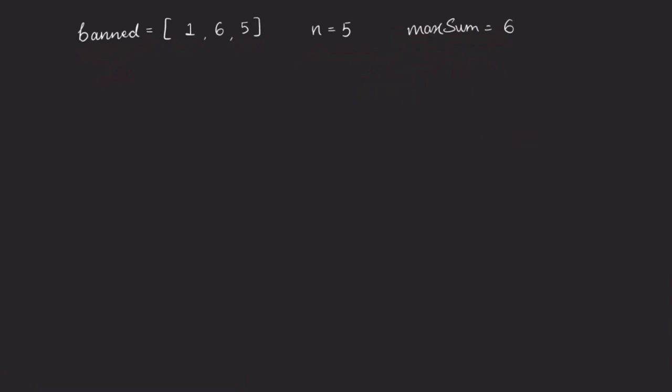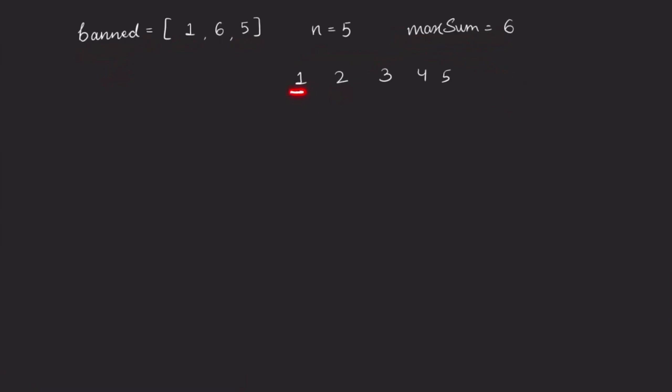Right? So now, as I said, the numbers that we can choose are 1, 2, 3, 4, 5. Now see, you want to maximize the number of elements that you are choosing, and you also want to be within the limit of maxSum. So what you will do is try to take the smaller elements first. Why?